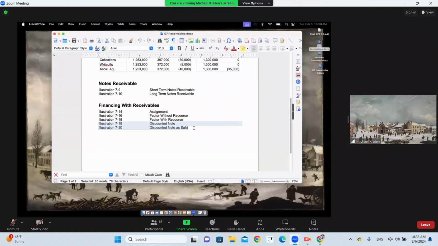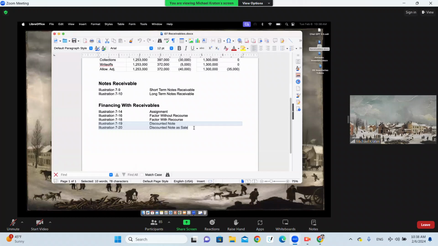The only thing that was new about these two illustrations, and I'll simply mention it briefly, is sometimes when you sell a receivable to another party, you are so desperate for cash that you say to the other party, buy this receivable, whether it's a note receivable or an accounts receivable, buy it from me, and I will accept from you a very small amount of cash.